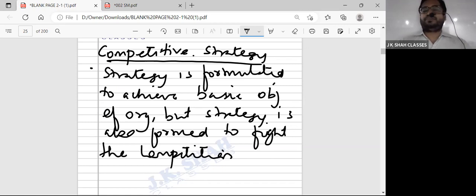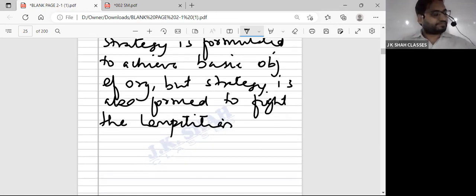Strategy is formulated to achieve the basic objective of organization, but strategy is also formed to fight the competition. Next point.